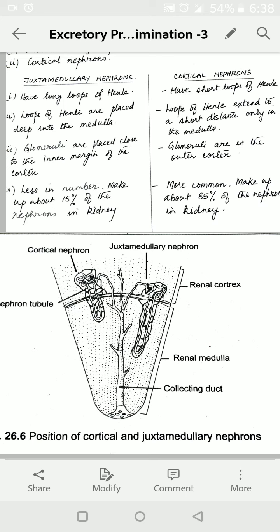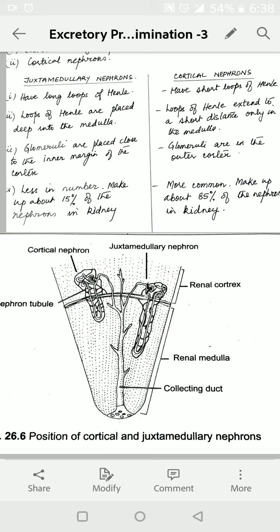The juxtamedullary nephrons are lesser in number and they constitute only up to 15% of the nephrons in the kidney, whereas the cortical nephrons are several and they constitute about 85% of the nephrons in the kidney.